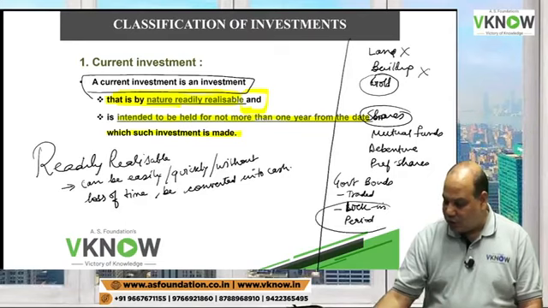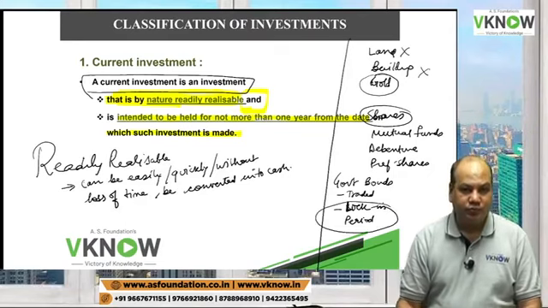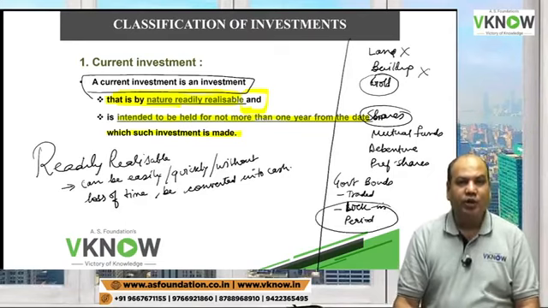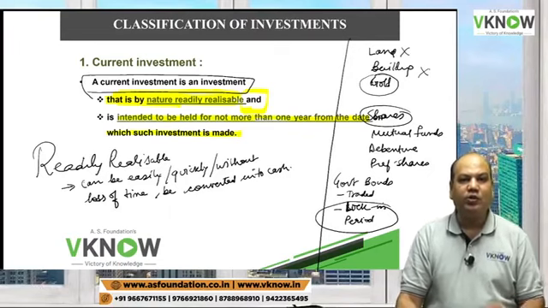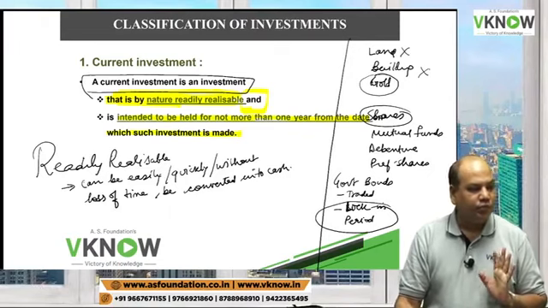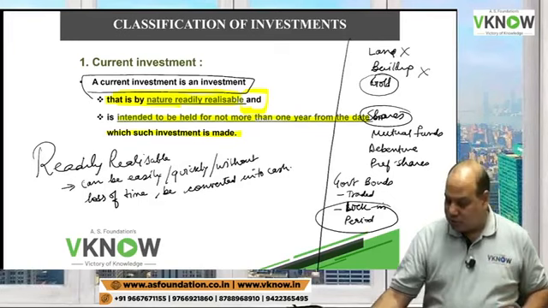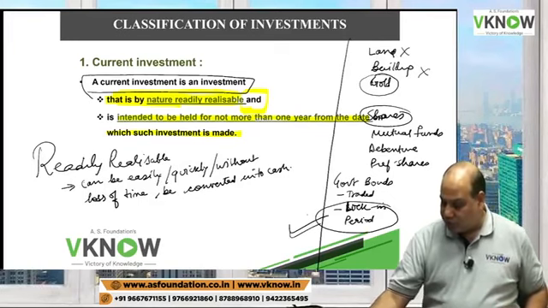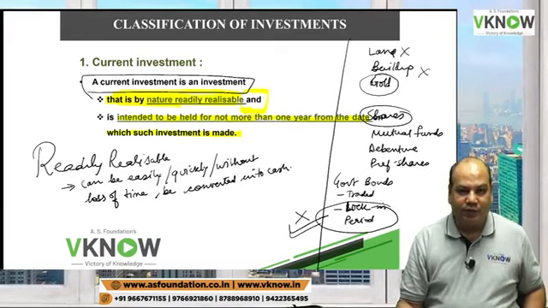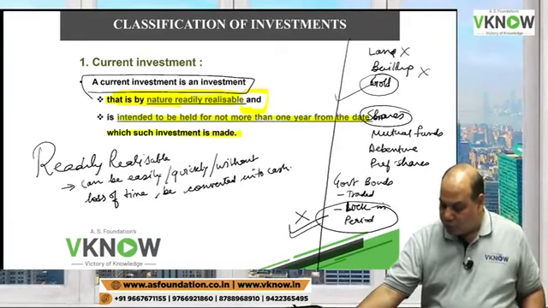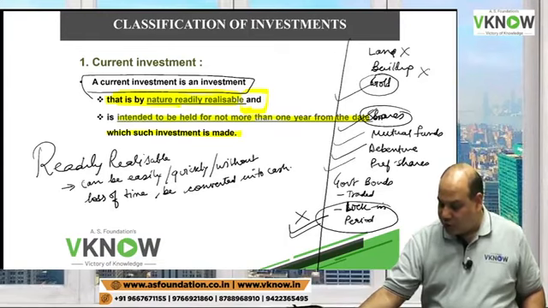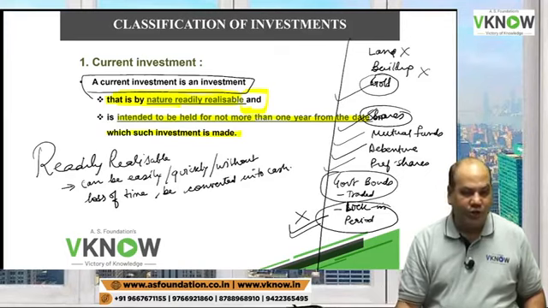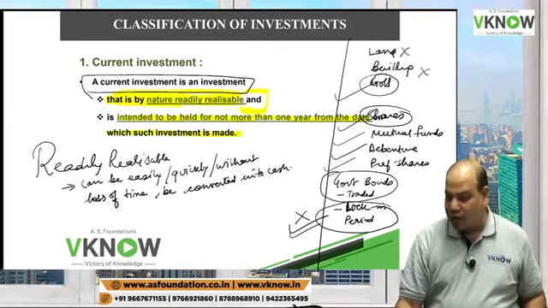Then there is the example of a government bond which has a lock-in period. Lock-in period means it cannot be transferred. It will get blocked. So this also does not satisfy the readily realizable criteria. However, gold, silver, shares, mutual funds, debentures, preference shares, government bonds which are traded on the exchange, they are readily realizable.